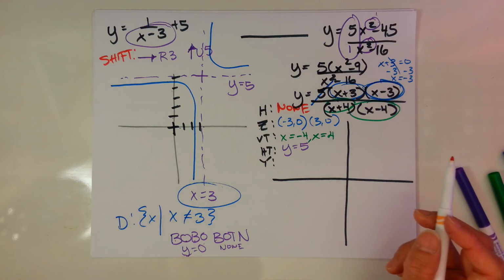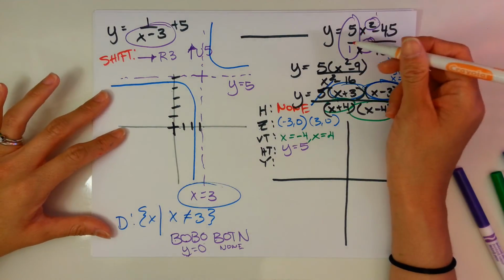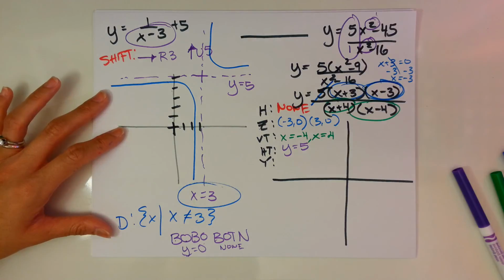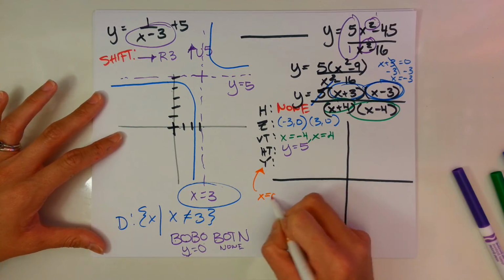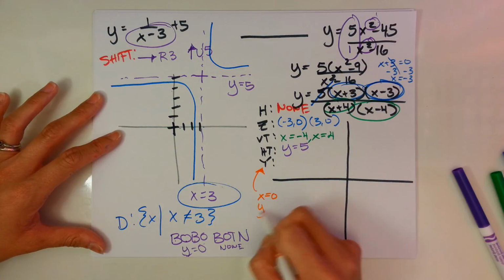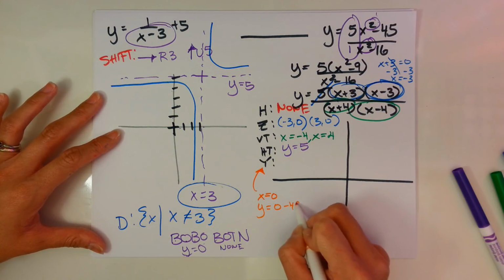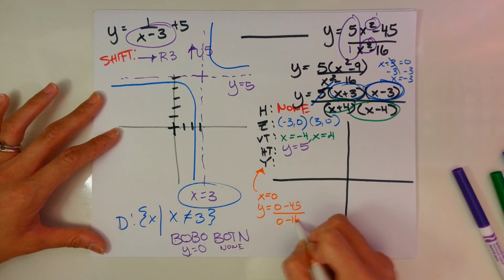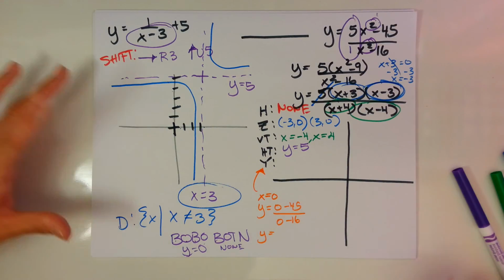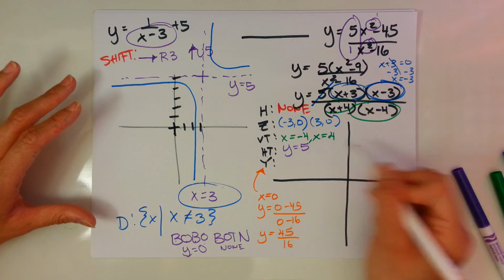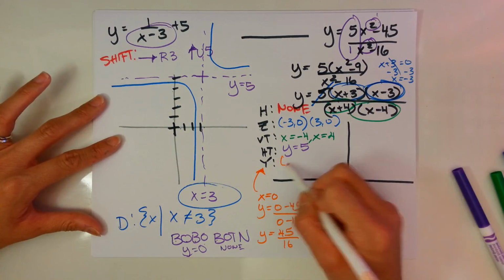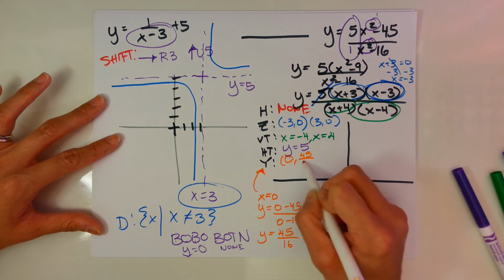Okay, so I'm going to go ahead and find my y-intercept, where I always do that by finding where x is equal to 0. So I'm going to plug in, and I get 0 minus 45 over 0 minus 16. Now, I obviously didn't plan this because it didn't come out nice, but in my test anyway, I want a fraction.